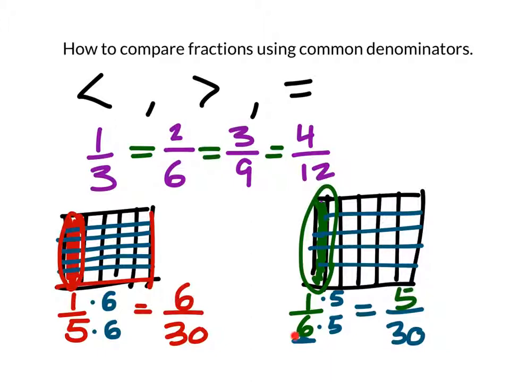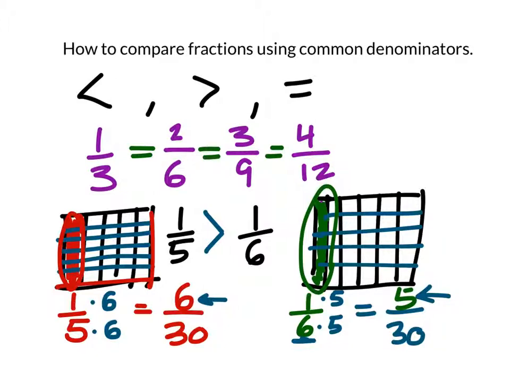We've shown the math right here to show why it's 5 over 30, but we can also show this using this model. So when we compare 1/5 with 1/6, once we get the same size pieces, 6/30ths is more than 5/30ths, which means that 1/5 is greater than 1/6.